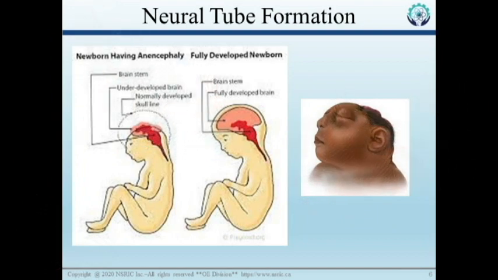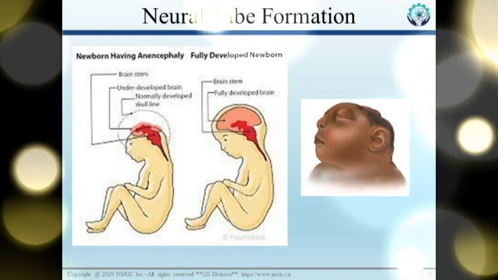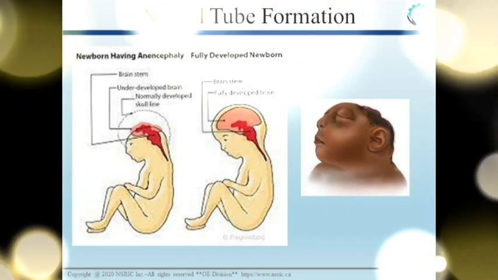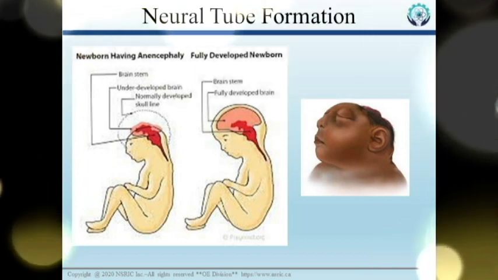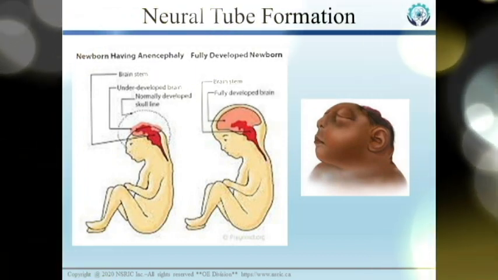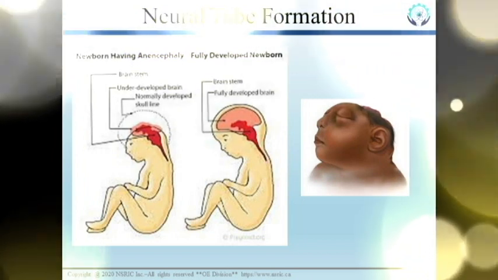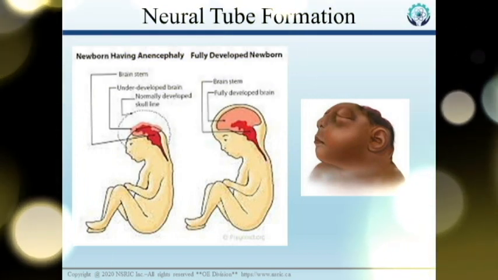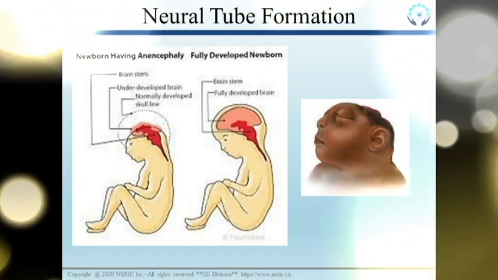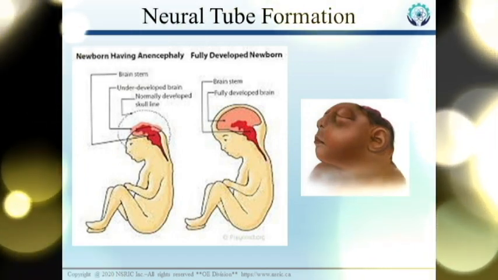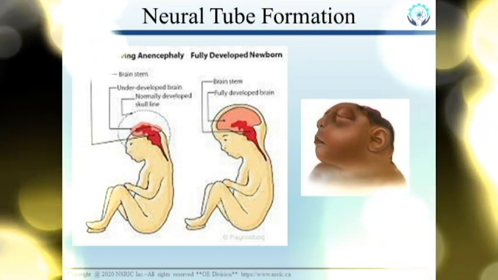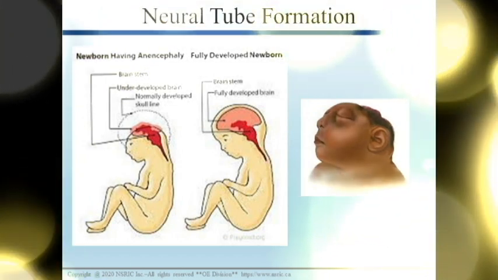Sometimes there's a genetic predisposition, but there's also certain environmental influences, like inadequate intake of folic acid during pregnancy, that can result in neural tube malformations. And so folic acid, which is essentially a B vitamin, is something that the body uses to guide that process.